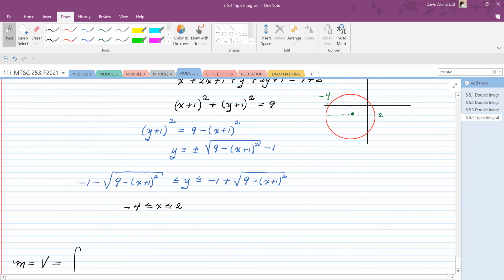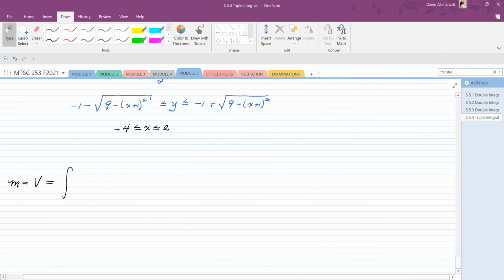So x goes from -4 to 2. y goes from -1 minus the square root of 9 minus (x plus 1) squared to -1 plus the square root of 9 minus (x plus 1) squared.